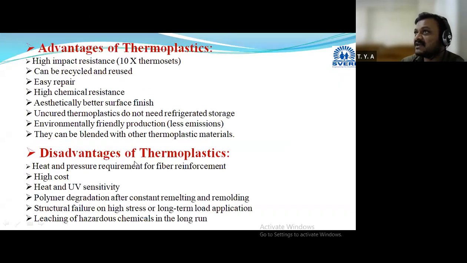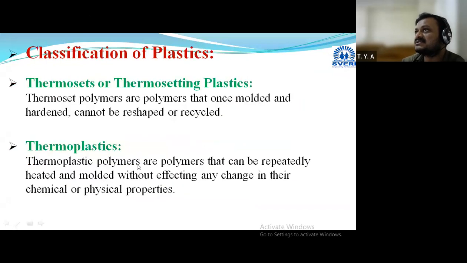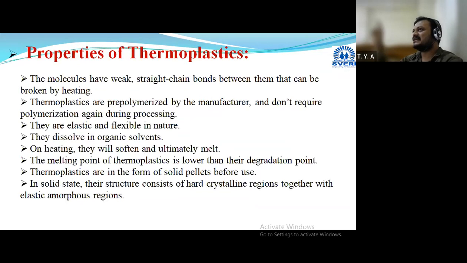Whichever points we are going to discuss in these two or three-four slides, I have summarized in one comparison. We can directly refer to that also. But for better understanding, I have added these points separately. These are some properties. In your syllabus, only the comparison is there. If you are able to remember those comparison points, that will be sufficient. This I have added for your knowledge only. These are extra points.